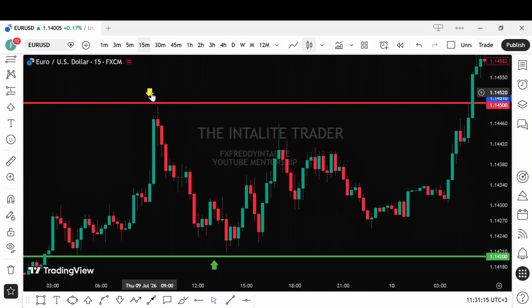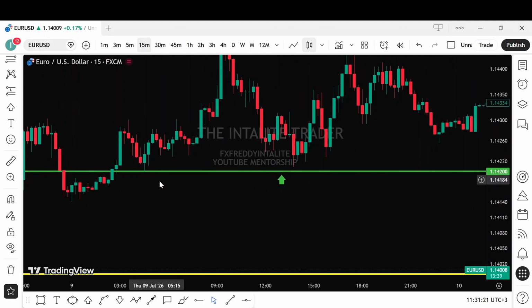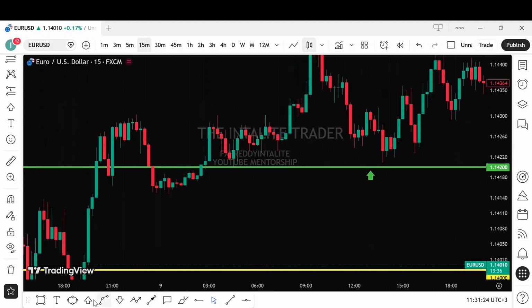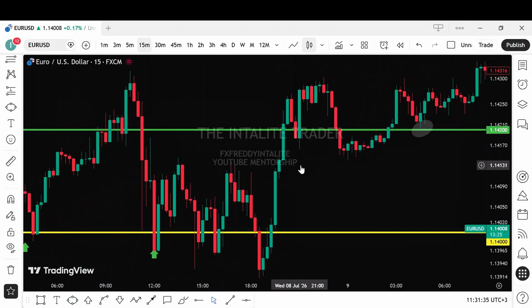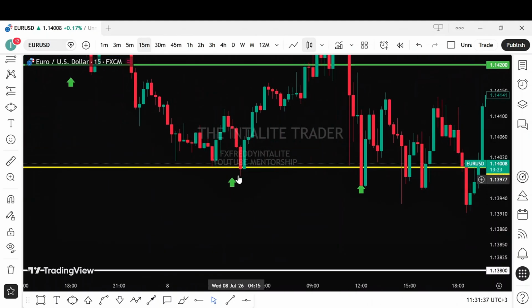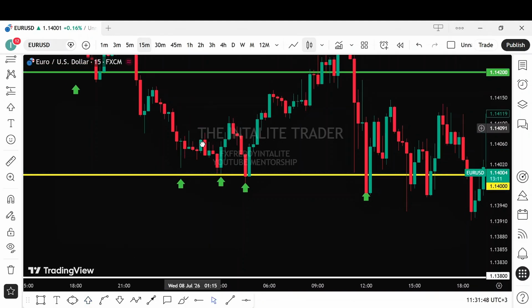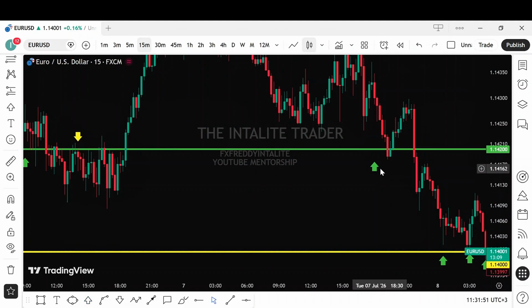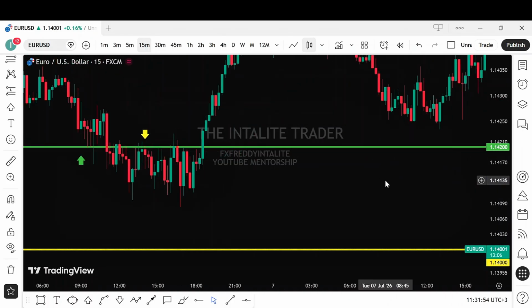Look at these rejections. Why don't we have a candle closing above here? Rejections, institutional level. Here, this one, price is rejecting. Wicks, what do wicks tell you? Rejection. Institutional levels. Here, look at this. You have here, you again have here, you have here. These are institutional levels. Institutional levels for intraday trading.